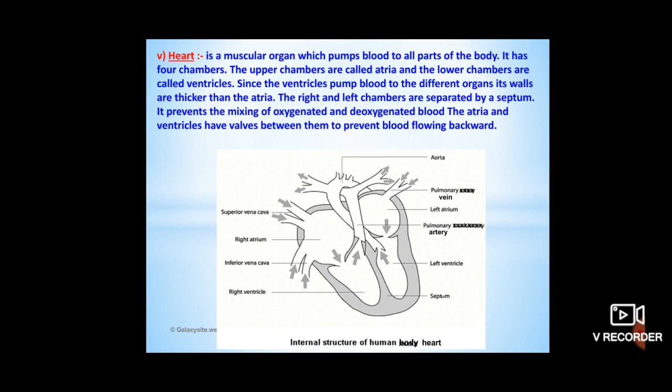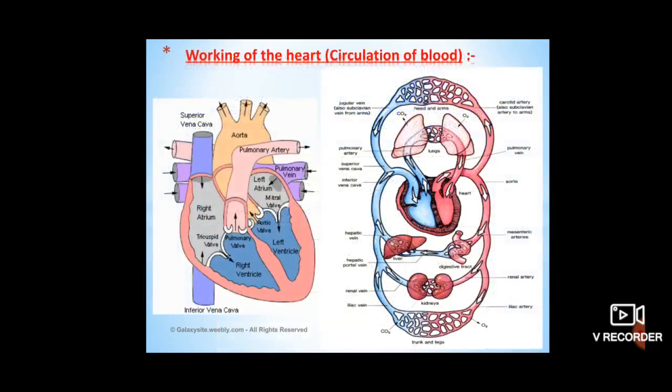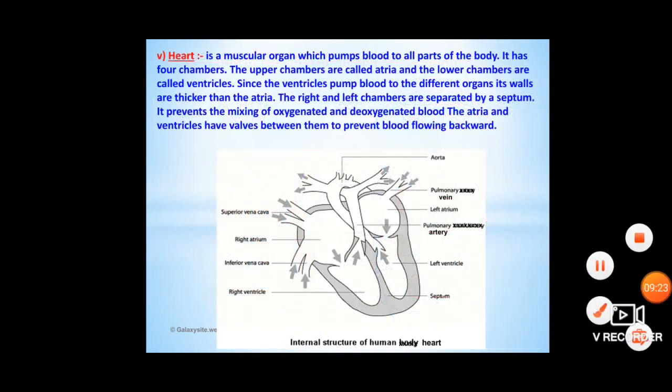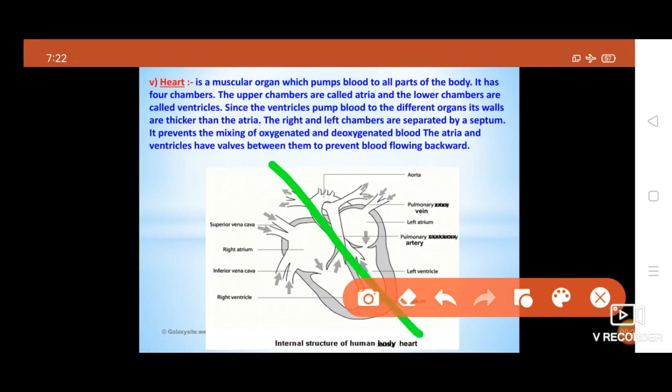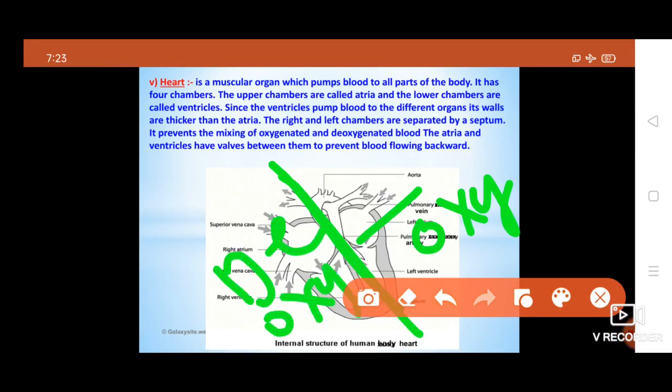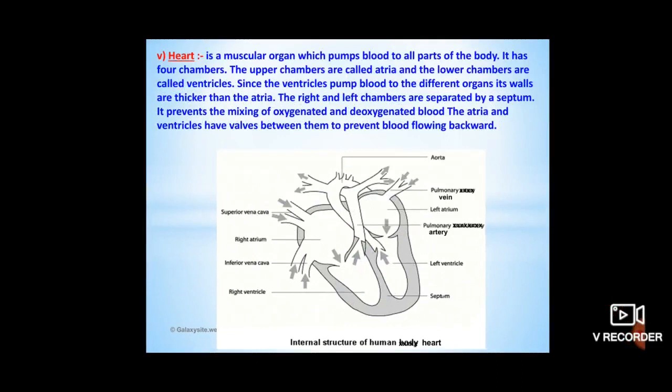When we divide the heart into two parts, the left part carries oxygenated blood, and the right side carries deoxygenated blood from various body parts to the heart, and then the heart pumps the deoxygenated blood towards the lungs for the purification process.